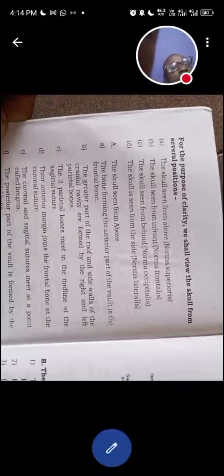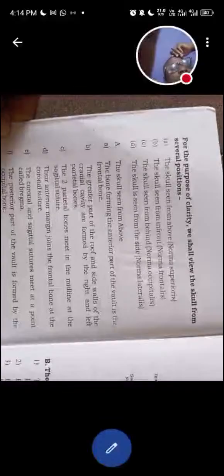And the skull seen from above. The bone forming the anterior part of the vault is the frontal bone. The bone forming the greater part of the roof and the side walls of the cranial cavity is formed by the right and left parietal bones.